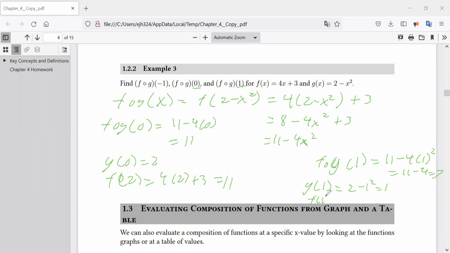And then f of 1 is equal to 4 times 1 plus 3, which is equal to 7. So if you either solve it out first in general for x, or if you just plug it in straight from the get-go, you should get the same thing for both of these.